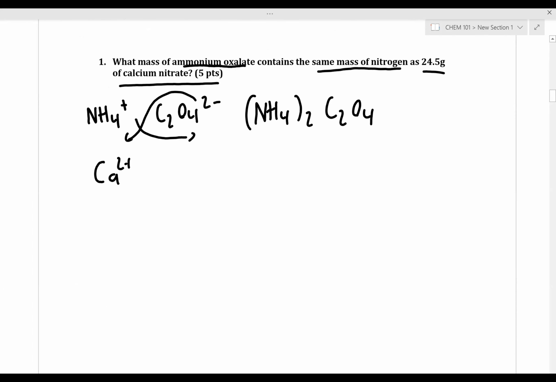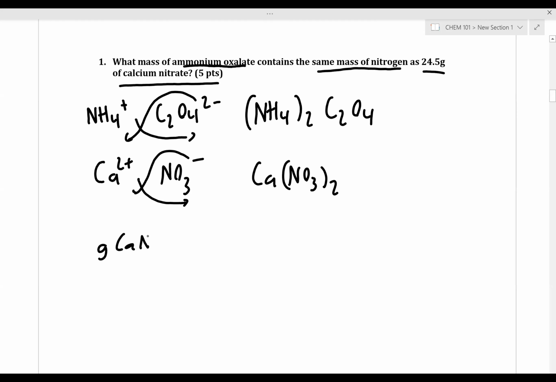Yep, 2+. And nitrate, what's the formula of nitrate? NO3, and what's the charge? Minus. So we cross our charges, and that gives us Ca(NO3)2.